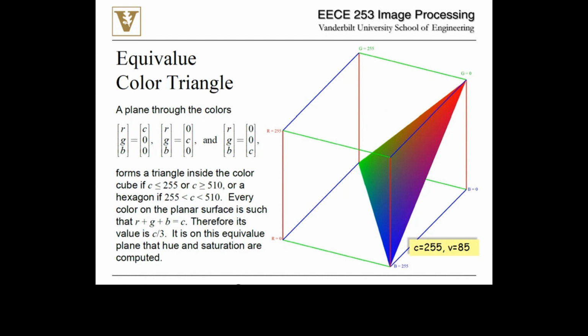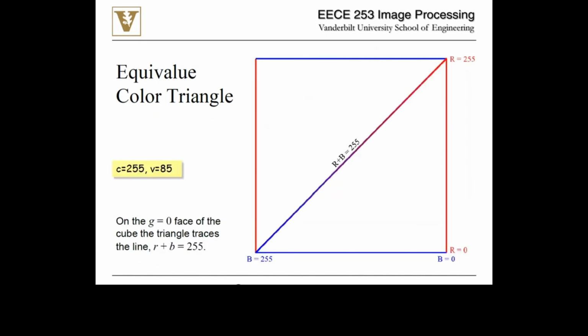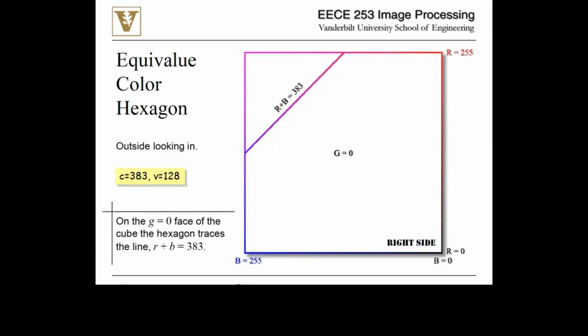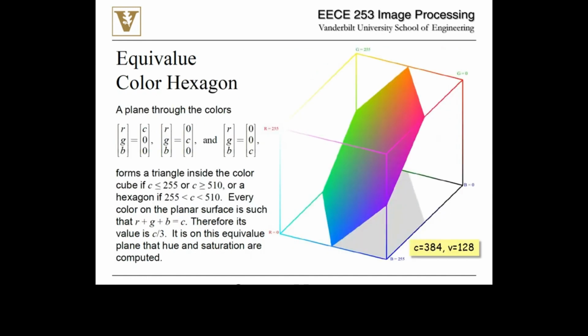Then between 255 and 510, the intersection is a hexagon. And then if I keep increasing C, this is just one of the cards, for instance here. Let's look at this card again. So this intersection between the G equals 0 plane and the R plus G plus B equals C.